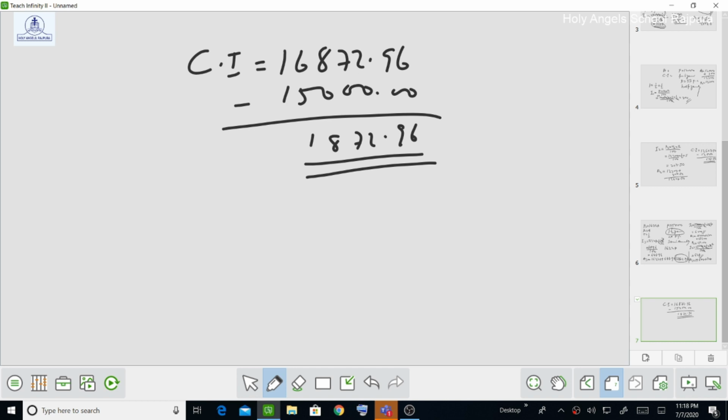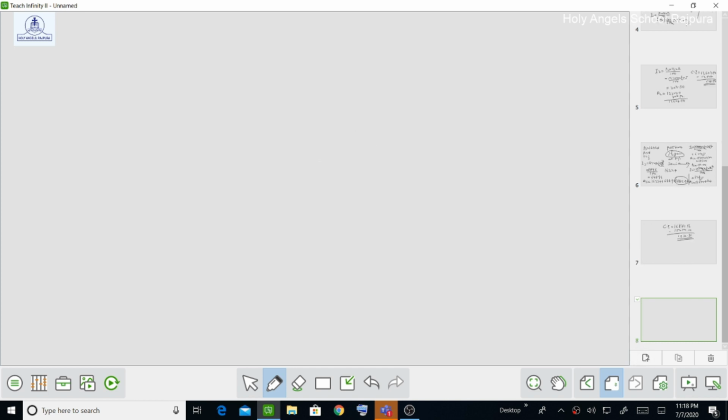Different rates are given. First we see the formula. Take a new page. The rates of interest are, let us take R1, R2 and R3, for 3 different years.